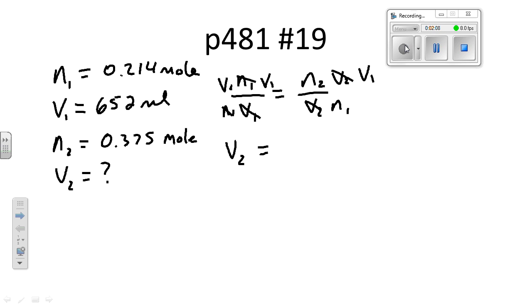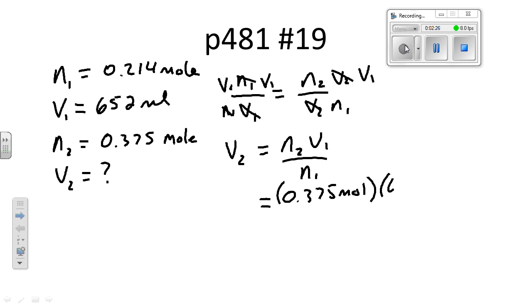So V2, therefore, equals N2 times V1 over N1, and those numbers from the givens: 0.375 moles, V1 is 652 milliliters, and N1 was 0.214.